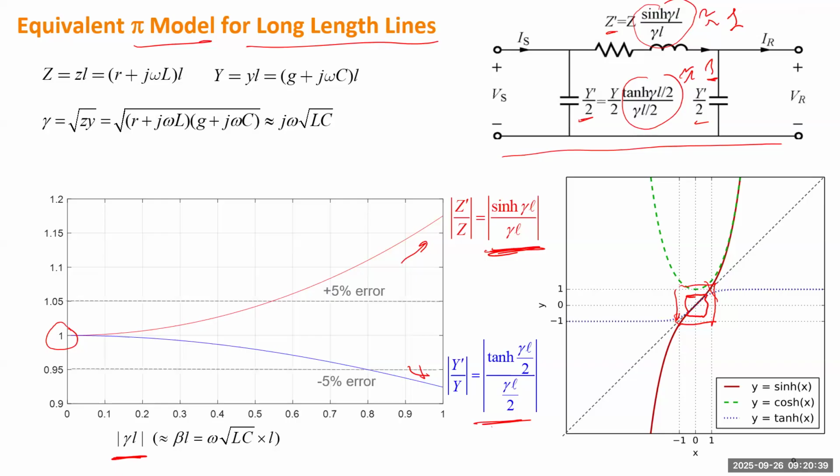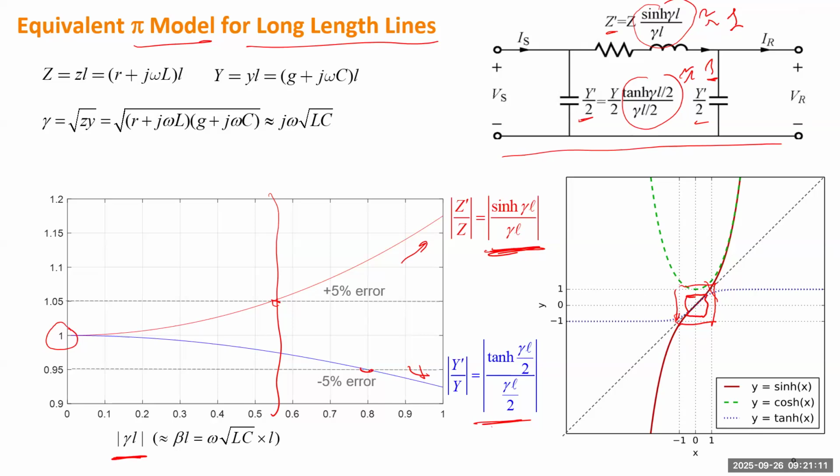Okay. So if we draw two lines with 5% error, which could be a small error, for some engineering studies we're fine to accommodate 5% error. Then the 5% error lines will intersect with the red and blue curves at some point, right? So if the line is within this distance, the error will be limited within 5%.